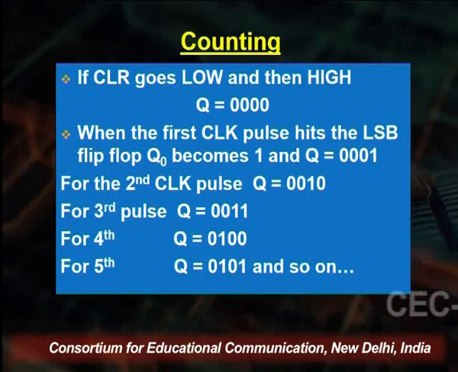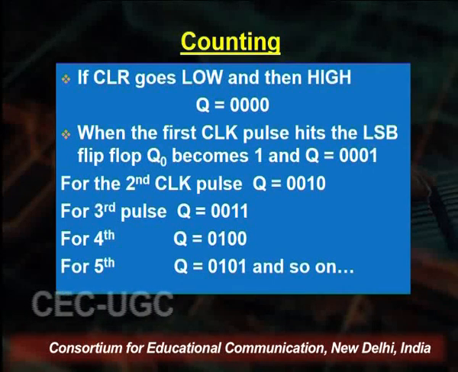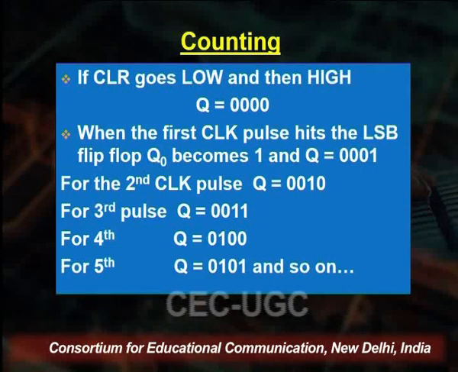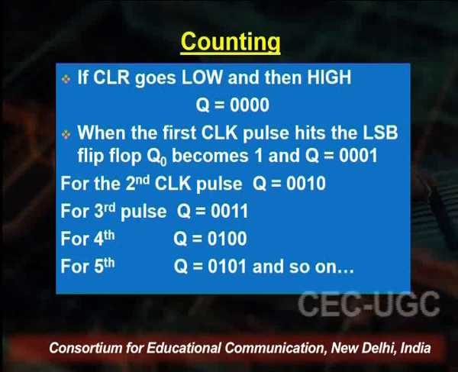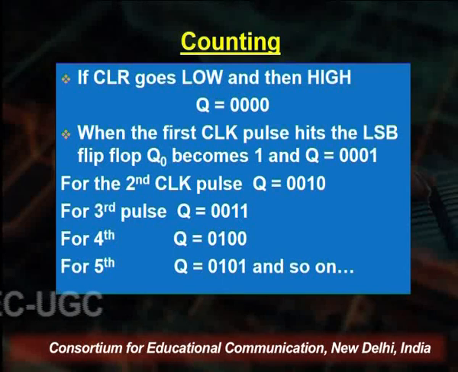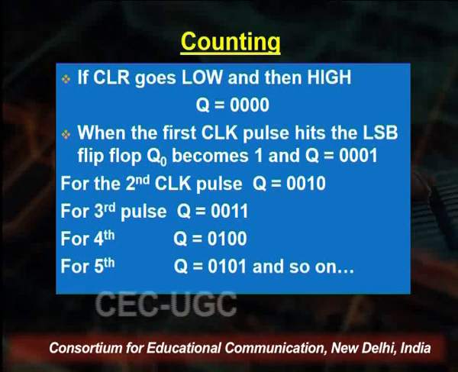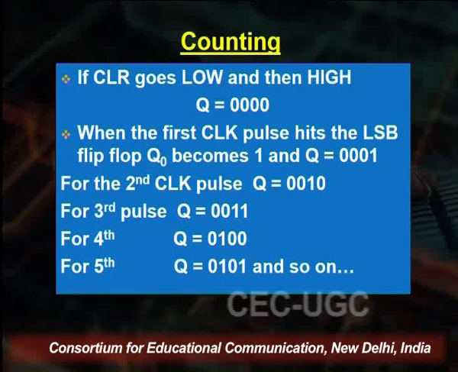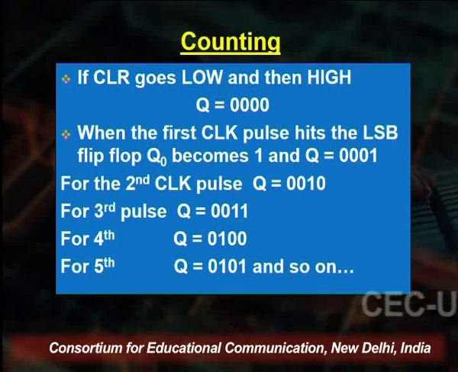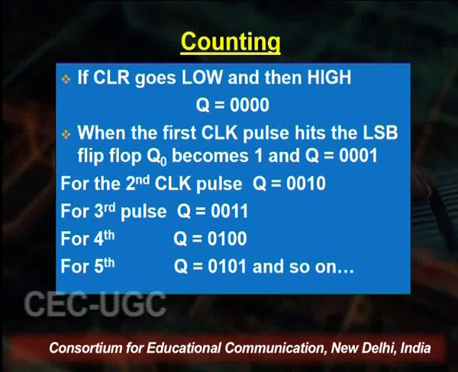And again, if you look at how it counts, the clear goes low, then high, then Q is equal to 4 zeros. When the first clock pulse hits, the LSB flip-flop Q0 becomes 1, and we get the output Q3, Q2, Q1, Q0 as 0 0 0 1. Second, of course, we get 0 0 1 0.